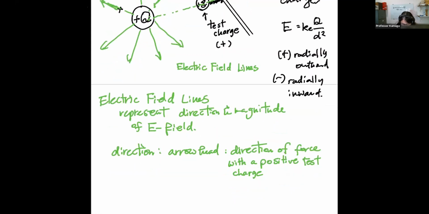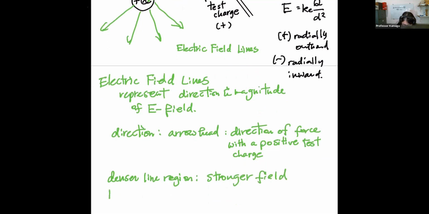And then a denser line region has a stronger field, and a less dense line region is a weaker electric field.